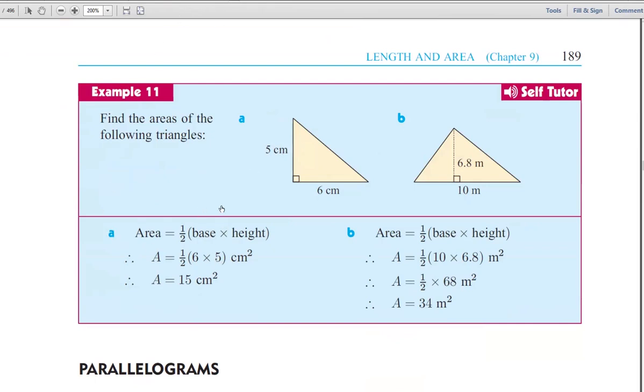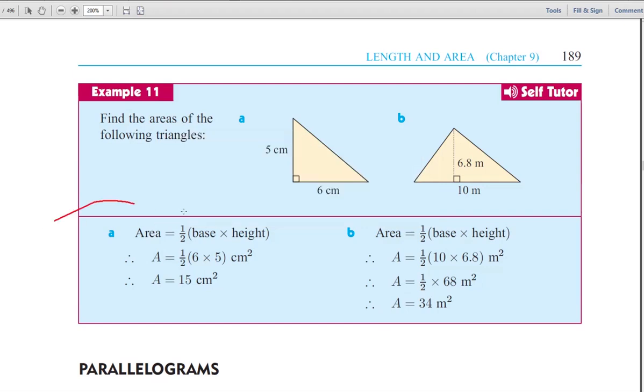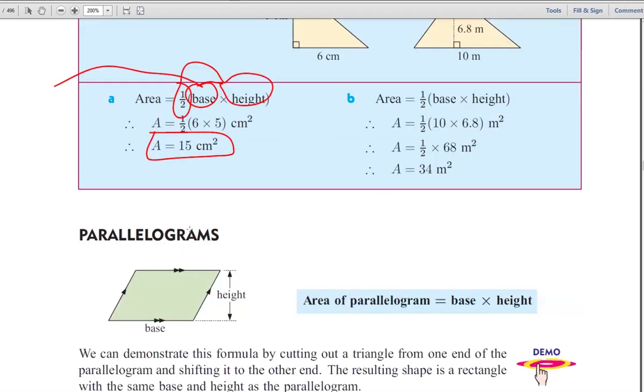The base is 6, the height is 5, and you just half it, and you would get the area of the triangle.